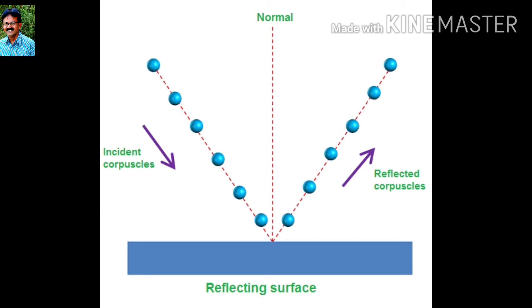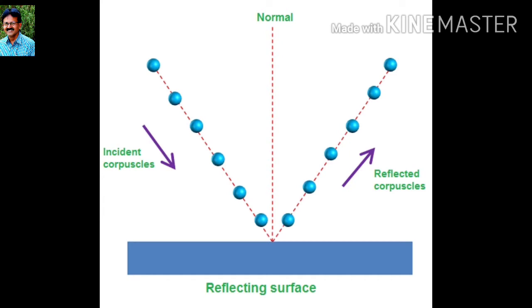From our common experience, we can mention two things about light. First, that it travels with enormous speed. Second, that it travels in a straight line. In Newton's corpuscular model of light, he assumed that the corpuscles of light were massless elastic particles traveling in a straight line with enormous speed.